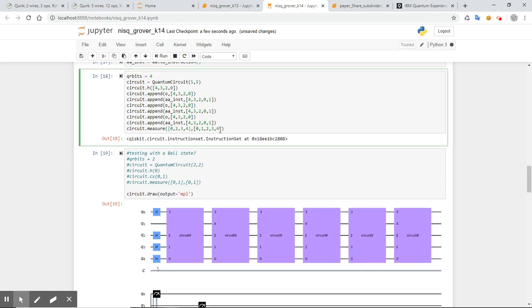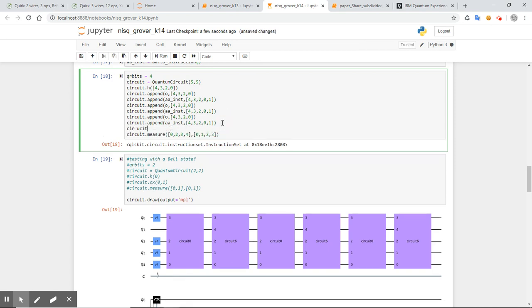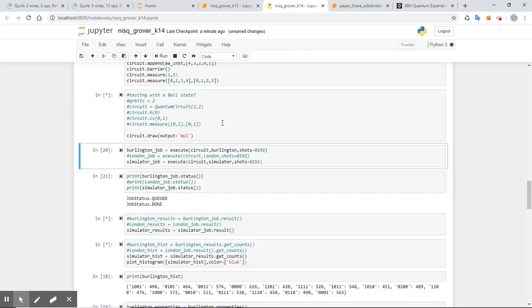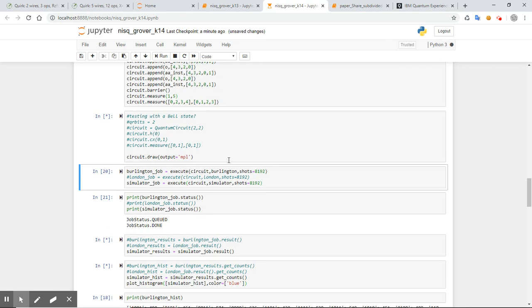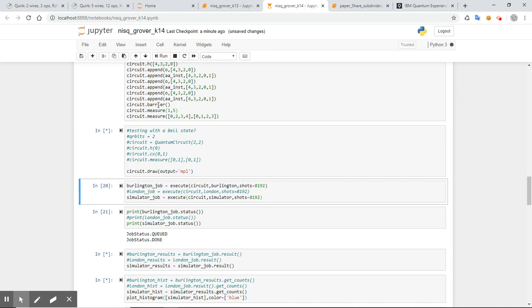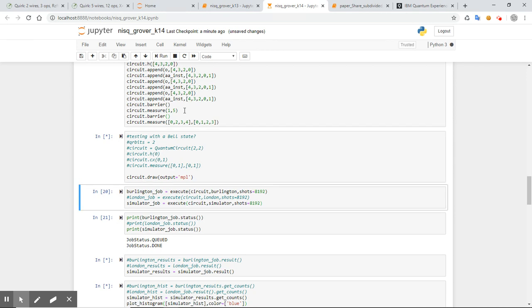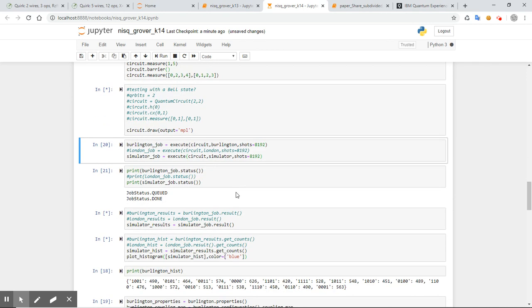So what I should probably do, out of curiosity, is circuit rear, and then circuit measure 1 to 5. So where is this taking us now? Sorry, I should have done this another way.